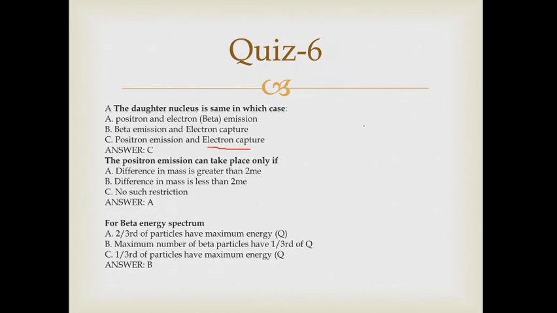If you have a nucleus like this, and the electron is orbiting around the nucleus, and this electron gets captured here, there is a vacancy here, and the electron from the outermost orbit can come and occupy the lower shell, and in that process a photon can be emitted.